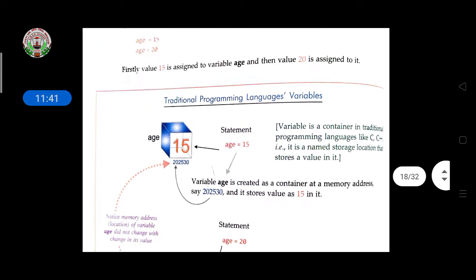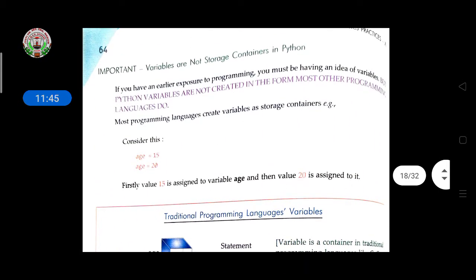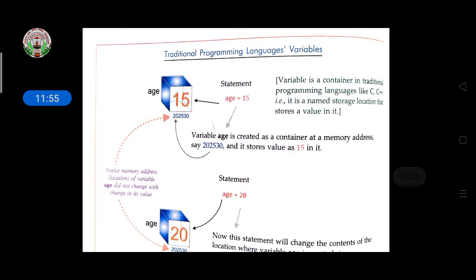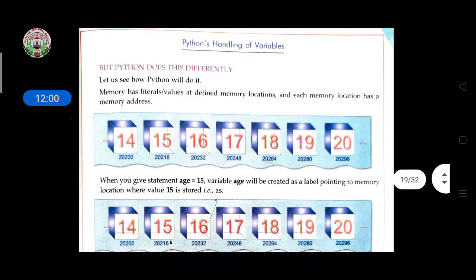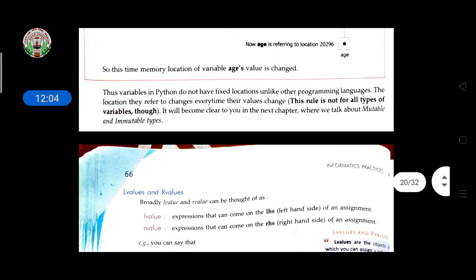Then how the variable is stored here, how the variable does not use storage space as a container in Python, how the value is swapped is given here, and how it covers the address in our computer is known here. Then Python handling variables, how to handle it, this I will also explain.